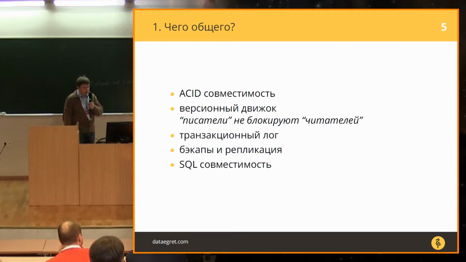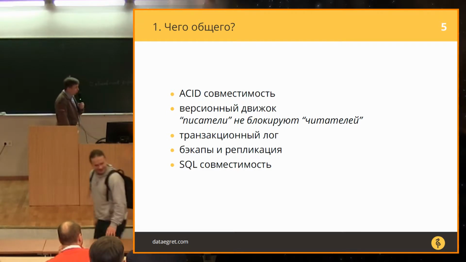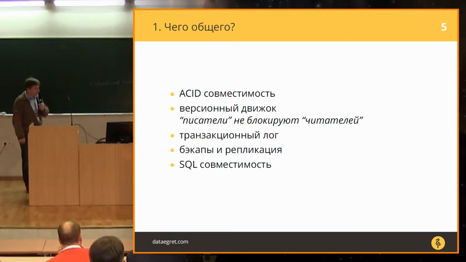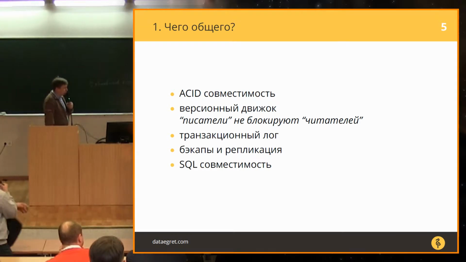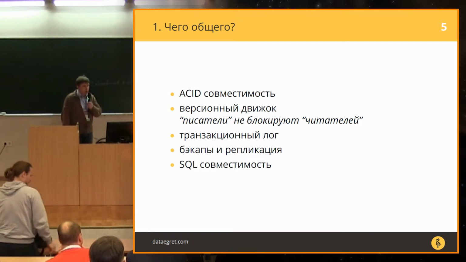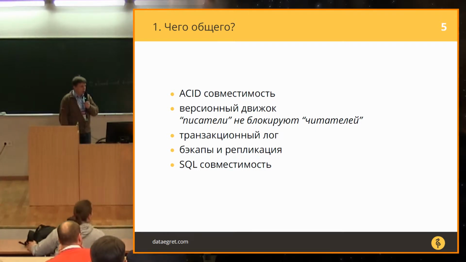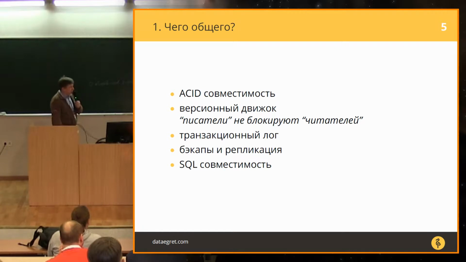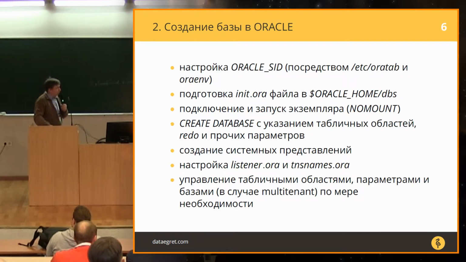For example, data protection. Both those databases are built on version engines. They both support backup and replication, and they both are SQL compatible. If you worked with one of the databases, it will be easy for you to switch to another. You will always feel the similarities of these databases, but also, of course, there are differences, and this is what I would like to talk about today.